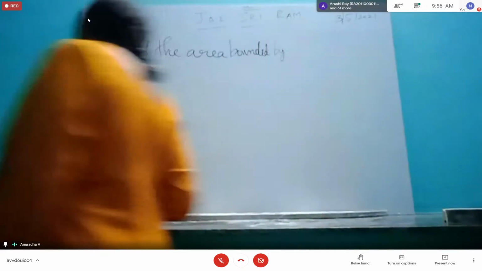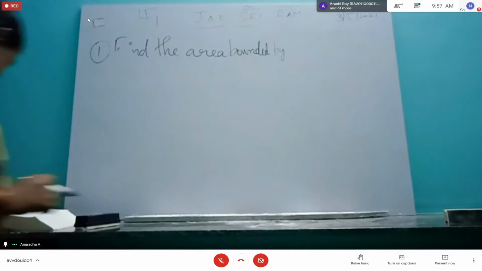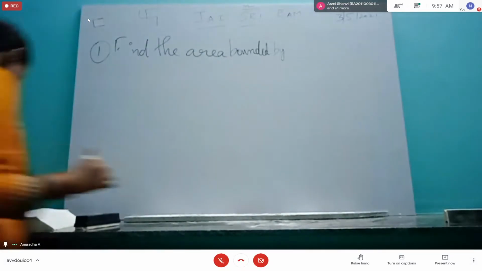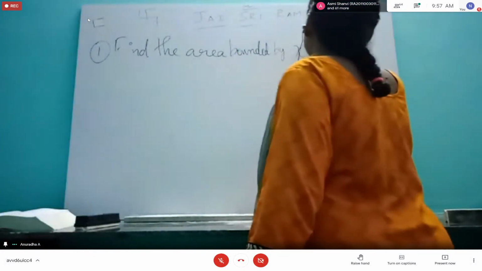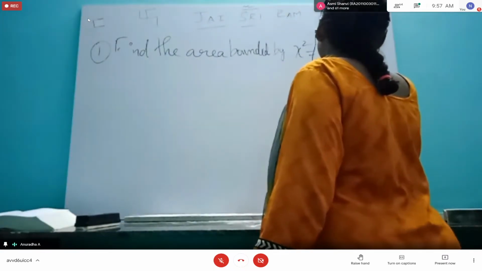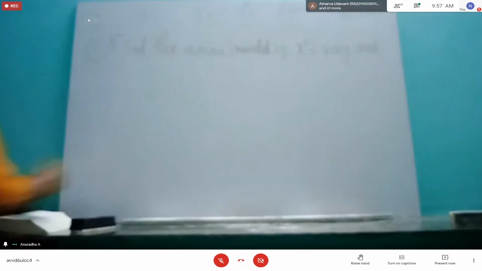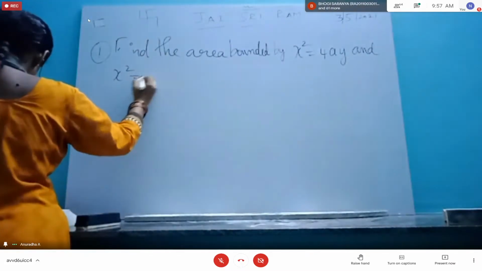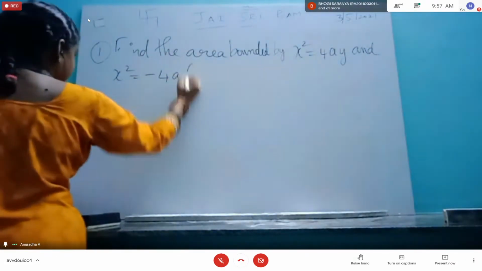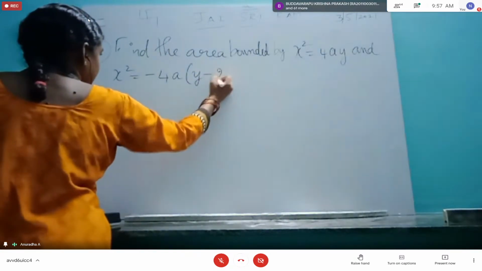Okay, so now let's write the equation. x square equal to 4ay, and x square is negative of 4a times (y minus 2a).